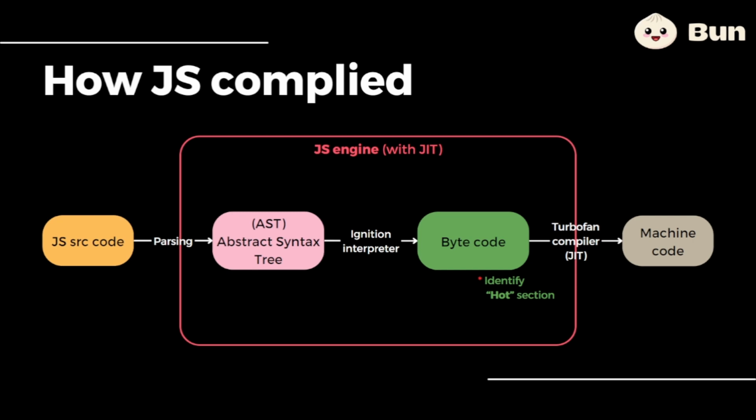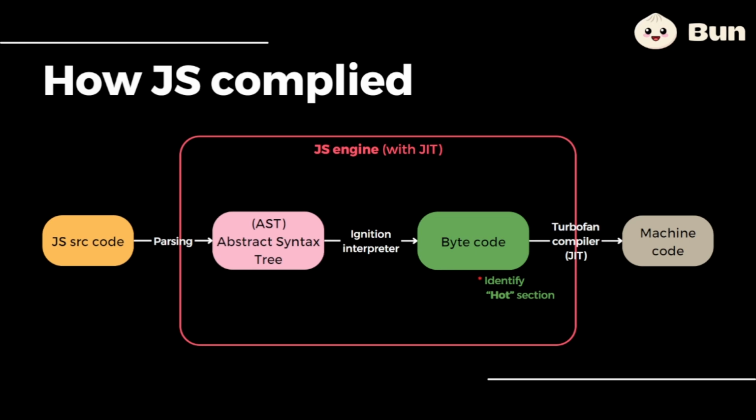The interpreter in, for example, the V8 engine is known as Ignition. Then the bytecode is executed using registers as memory.